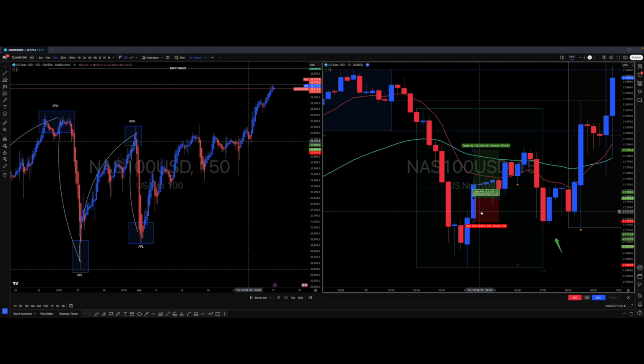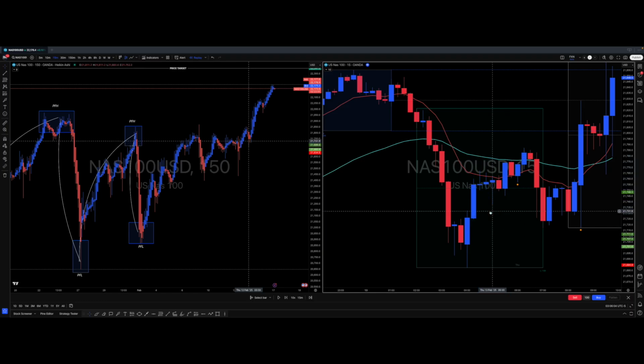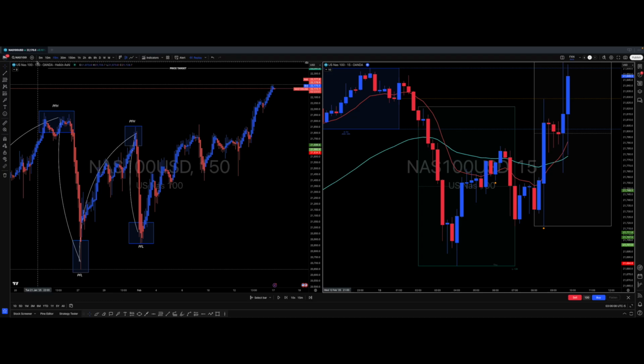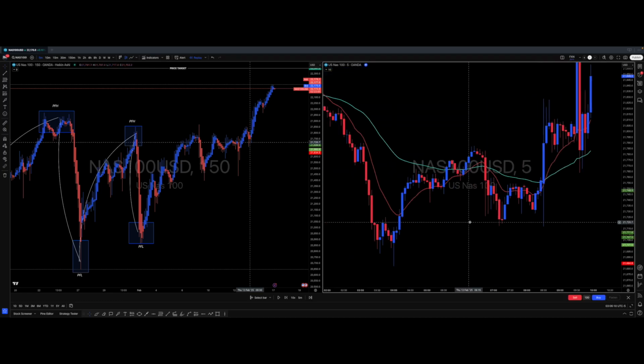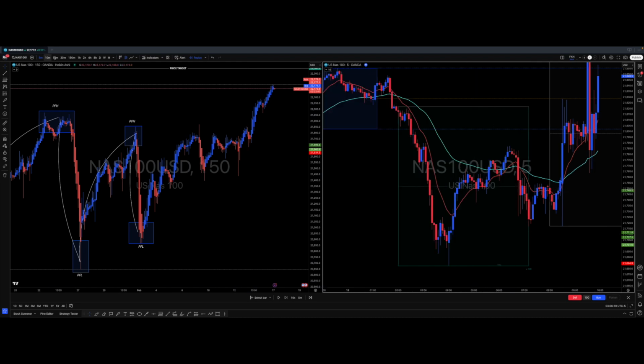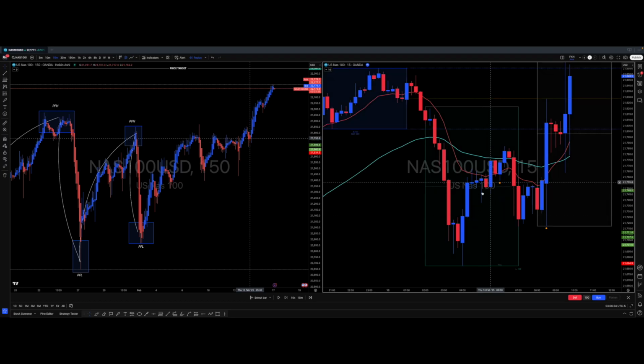So is this setup the best possible setup? No, it's not. Does it have all of the things that we're looking for? No, it does not have all of the things that we're looking for. If you took it on a 5-minute time frame, would it have worked? Sure. If you would have held it for a 2-to-1 or whatnot, yeah, absolutely. But based on what we know, based on the data that we have on these, this is not a good trade setup.